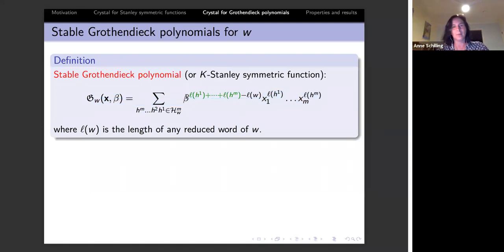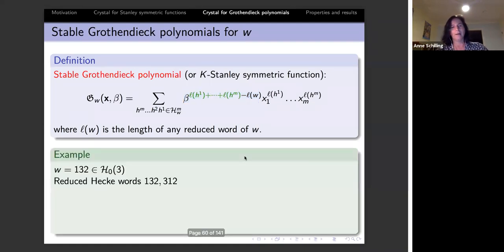And this parameter beta keeps track of how many letters we have added from the reduced case. So if W is a reduced word for this permutation, in the zero Hecke monoid things can become arbitrarily long, and beta just keeps track of how far away we are from the reduced case.